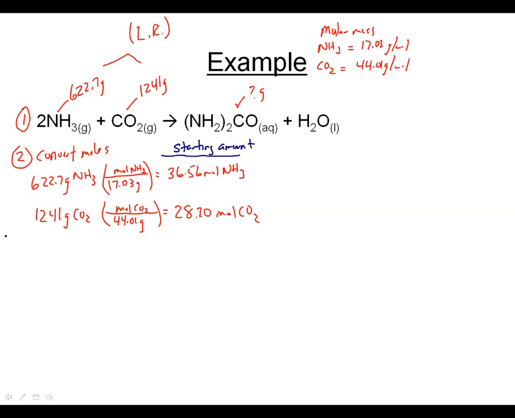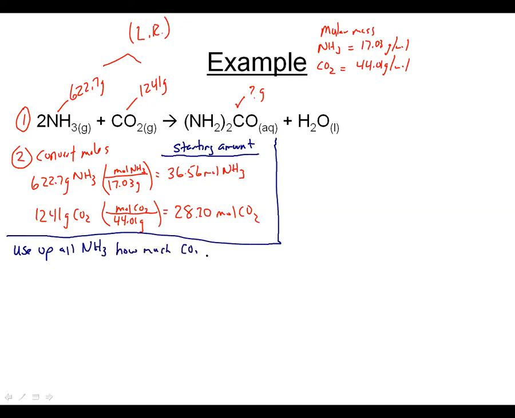So just like we've done before, because it is a limiting reagent problem, we want to figure out which one's the limiting reagent. So I'm just going to pick one. When I use up all of the NH3, I want to know how much CO2 is needed. So we're going to start with the moles of our NH3.